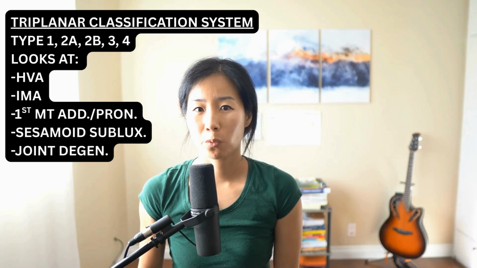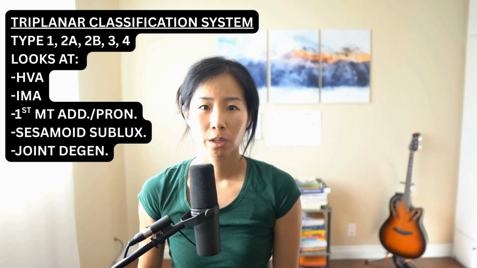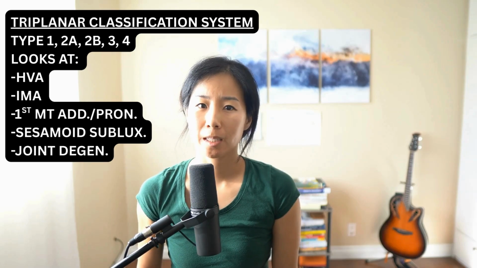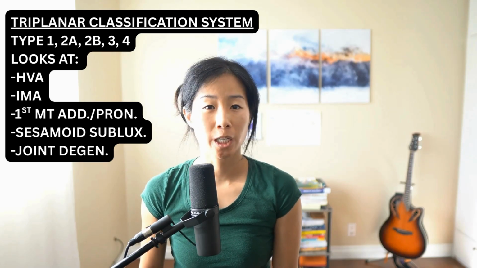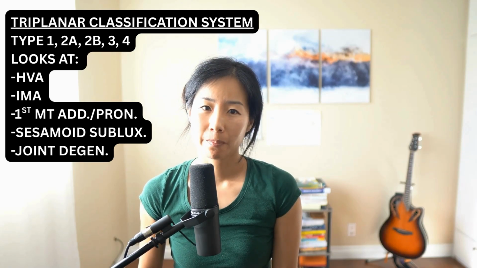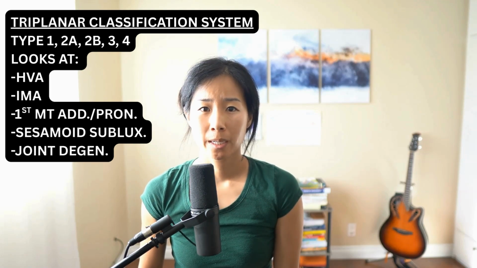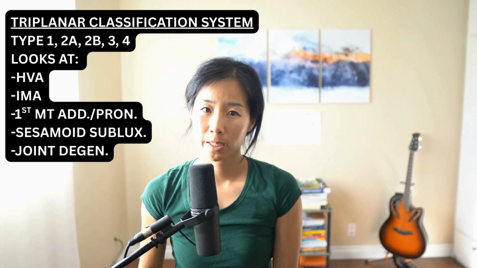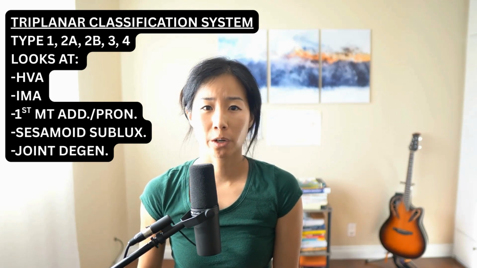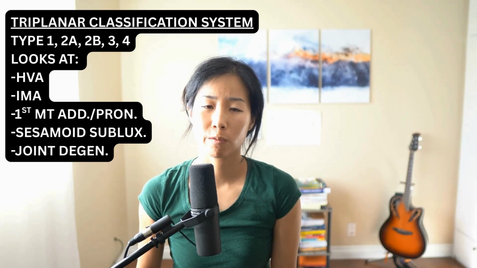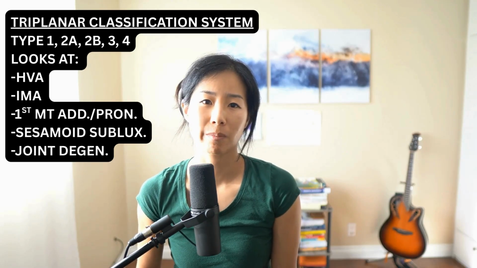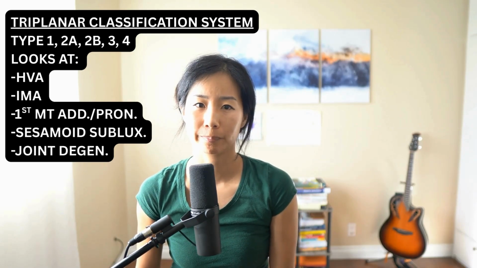There are types 1, 2A, 2B, 3, and 4, and the different things that they consider are the HVA, IMA, whether the first metatarsal is adducting or pronating, sesamoid subluxation presence, as well as joint degeneration presence. And we don't need to go over what each type is. This is something that you could easily find online.